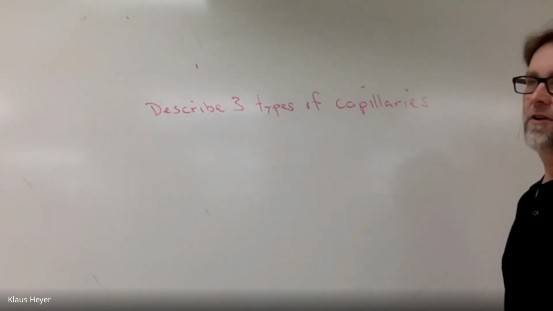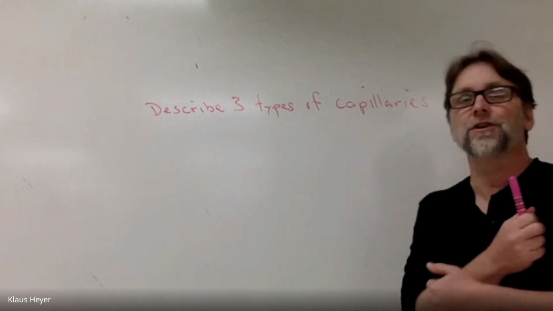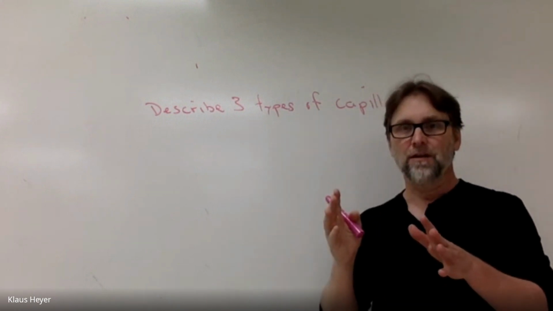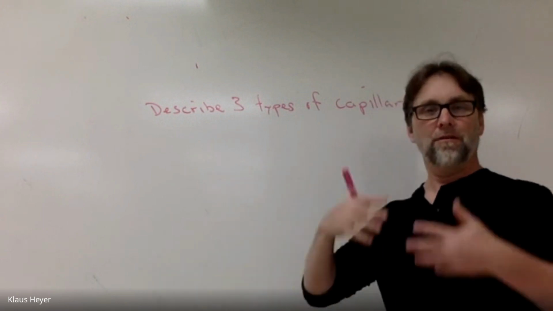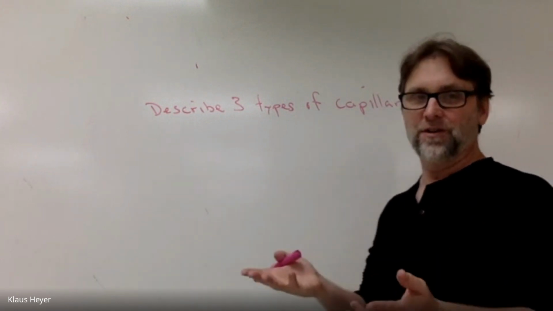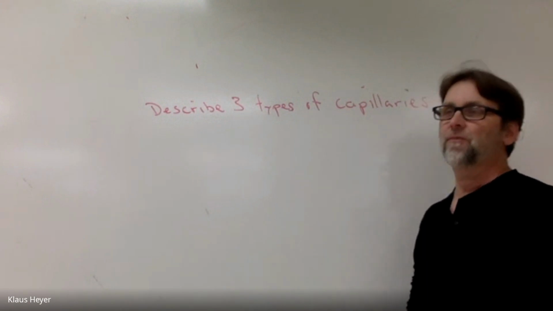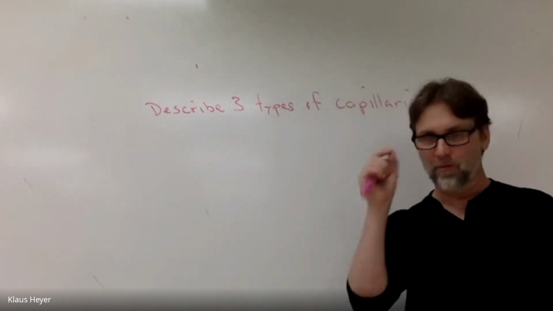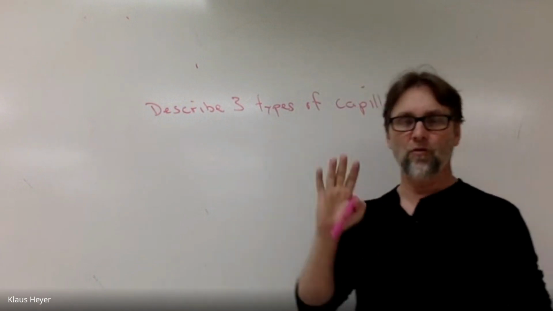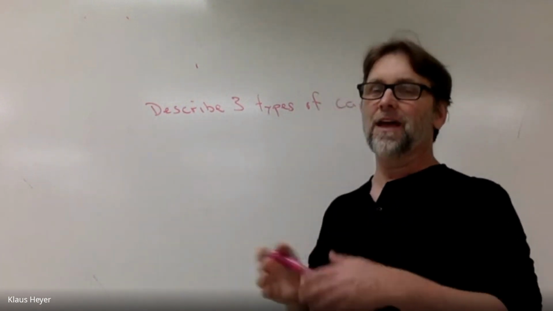That'd be good enough. Whatever you put down for fenestrated, you can even use the same words and just put a lot bigger fenestrations and intercellular clefts. Continuous, which is the first one, had just small intercellular clefts. That's the only way that things can leave that type of capillary.